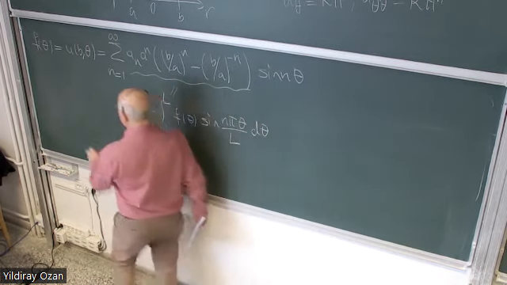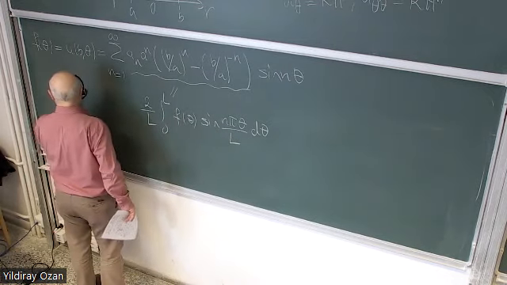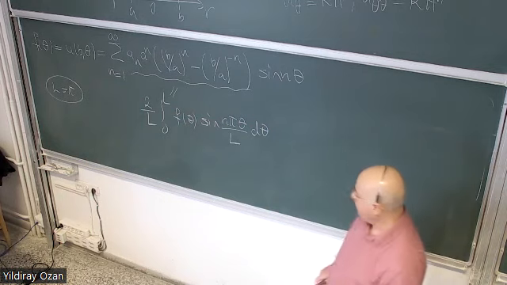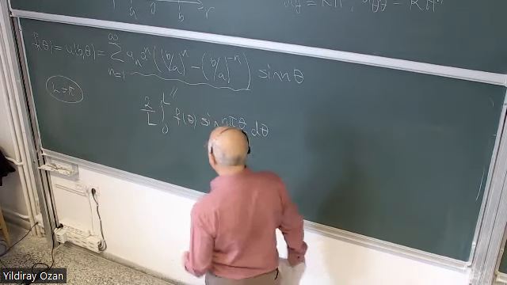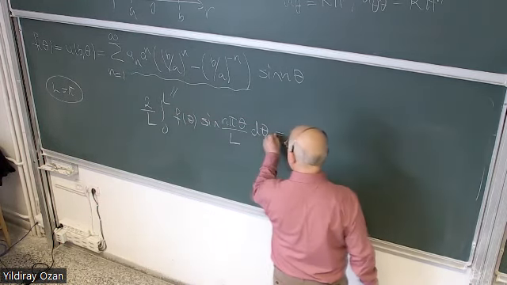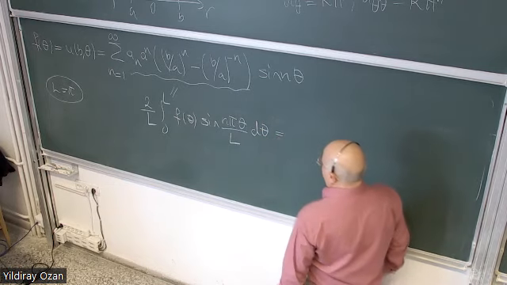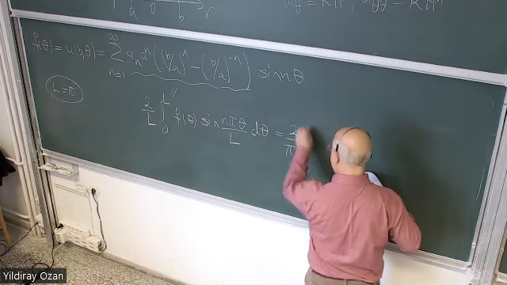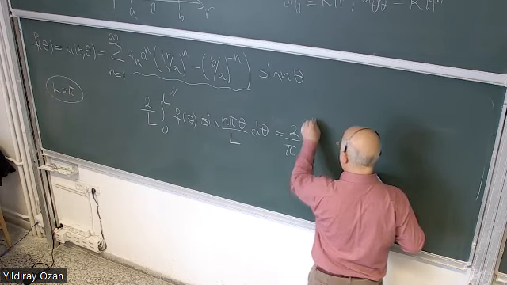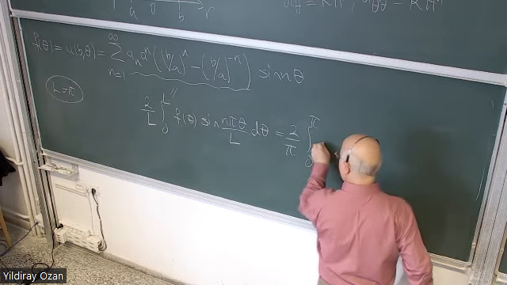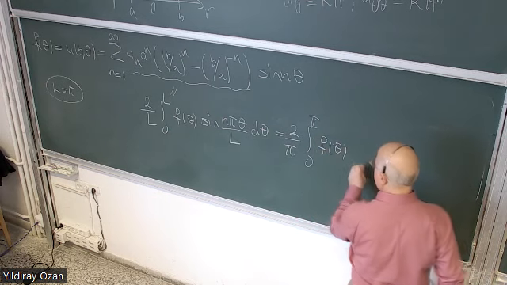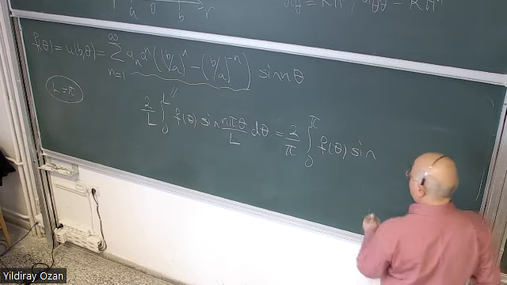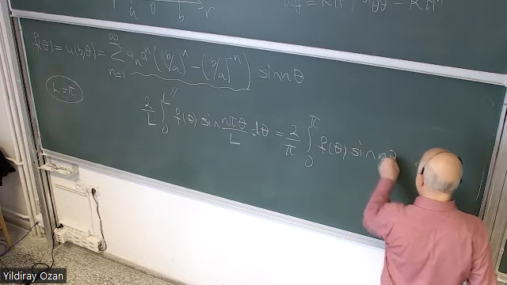Here, of course, L is just pi because theta is ranging from 0 to pi. So this is equal to 2 over pi, 0 to pi, f of theta sine n theta.